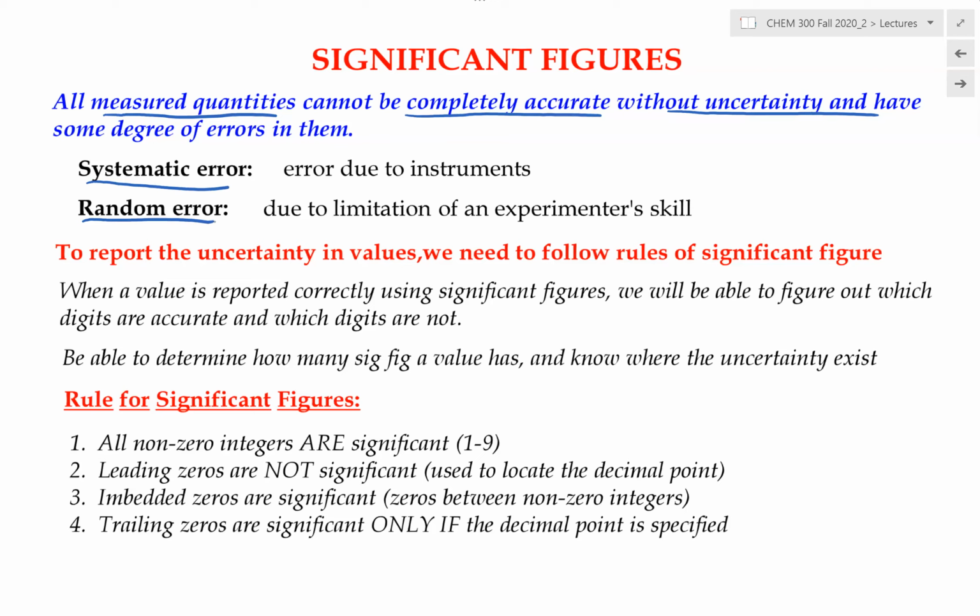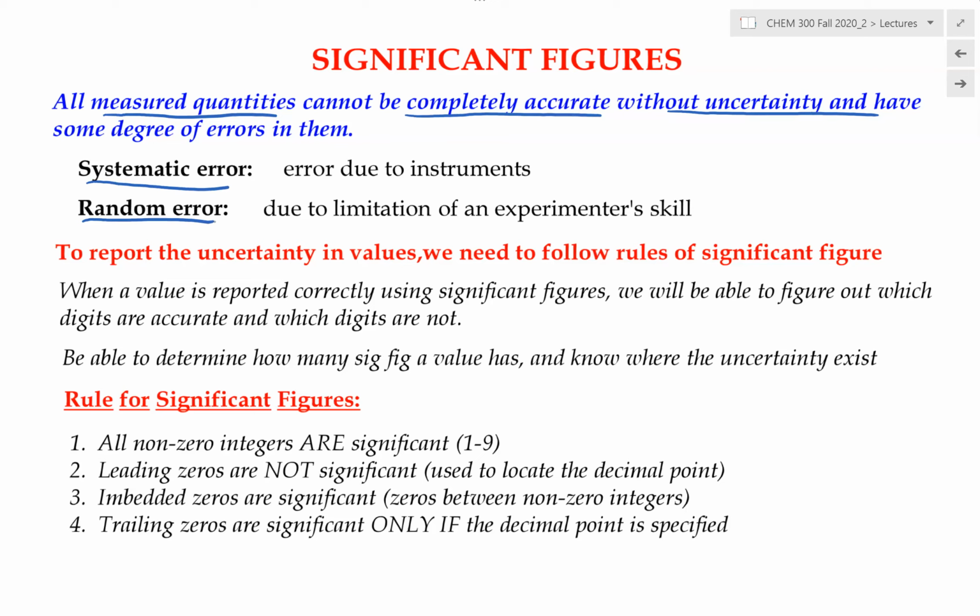Because of these two types of error, there will always be uncertainty in our measurement. So once we obtain a measured value that has uncertainty in it, it is very important that we report our value in such a way to let other people know where the uncertainty exists in our measurement.